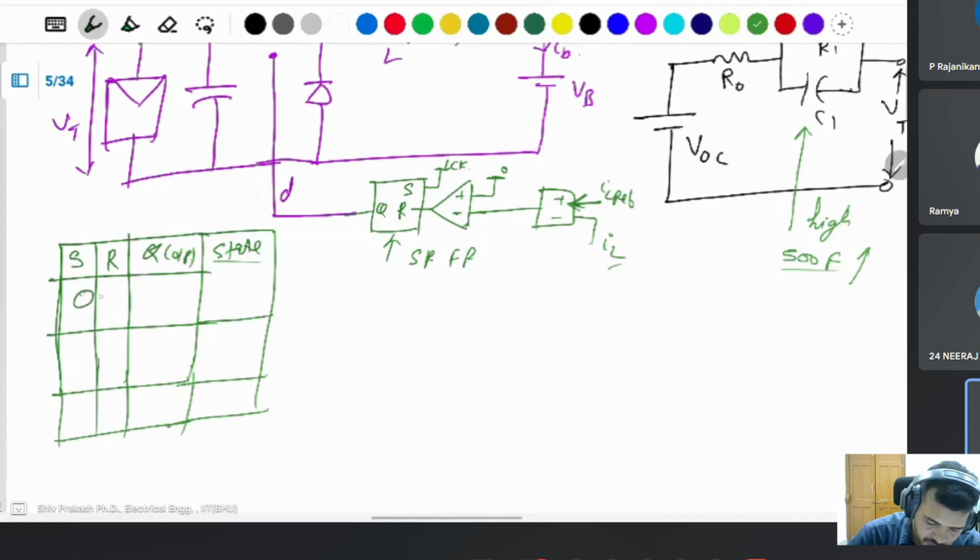If both are 0, then there will be no change in output. It will be the same. State will be the previous state. If set is 0 and reset is high, that means the same thing. Reset the state.